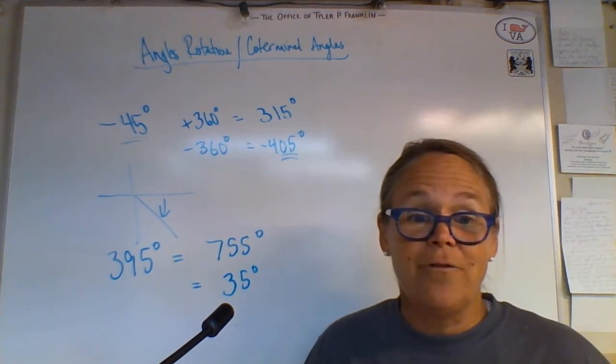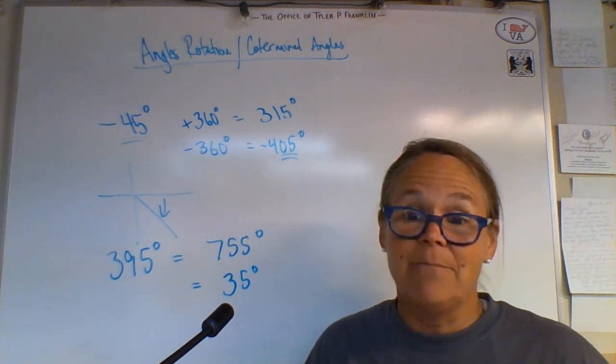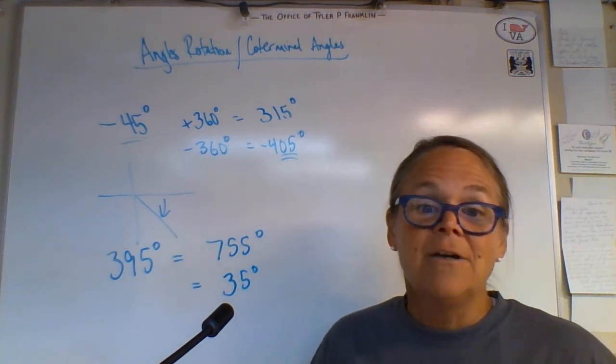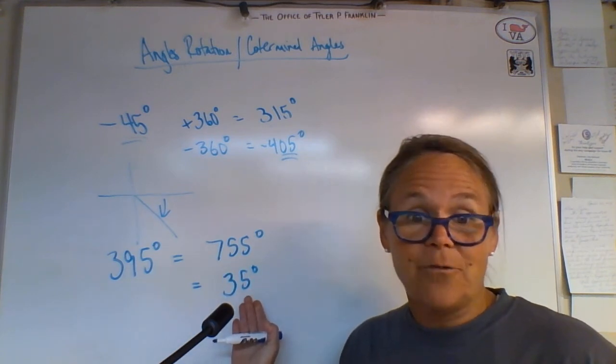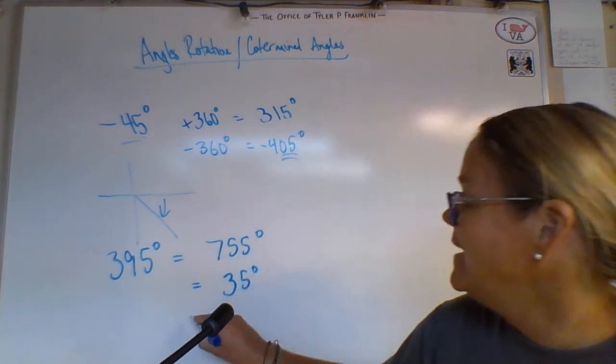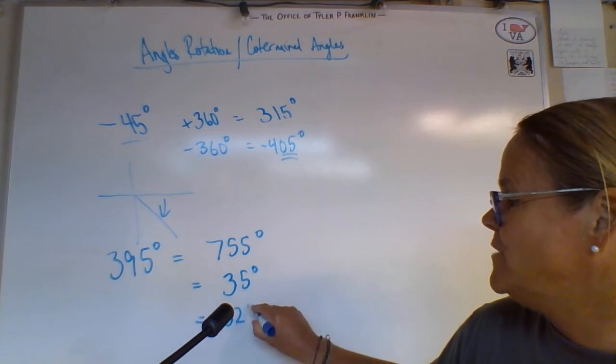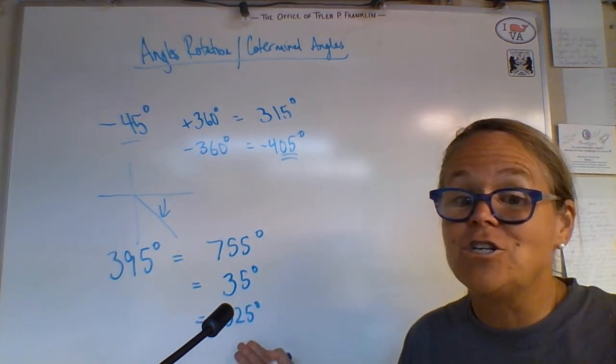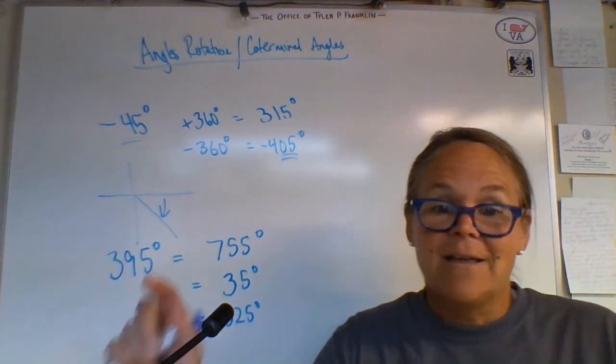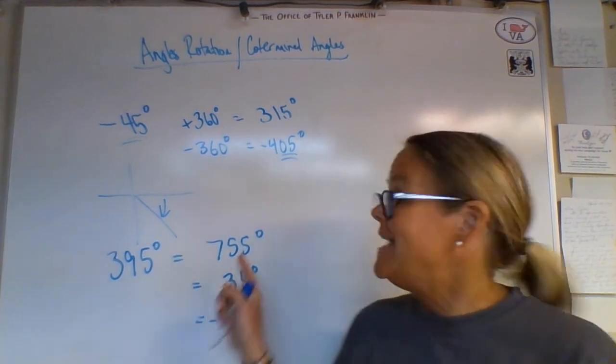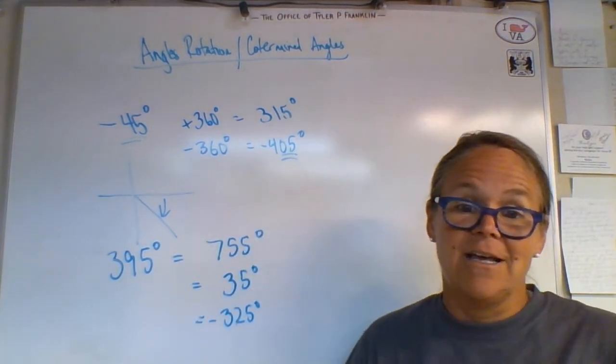If I ask you for a negative, you have to keep going until you get one. So I would have to subtract 360 again, and I'd get negative 325. But again, I could just keep subtracting, keep adding 360.